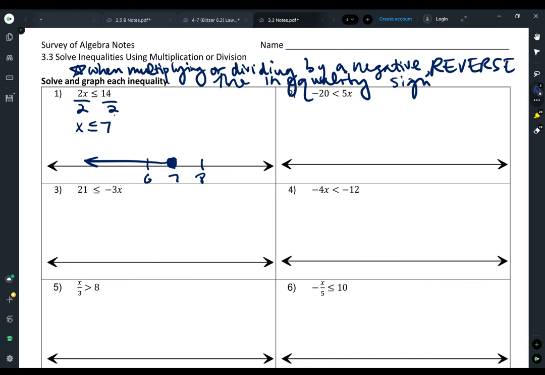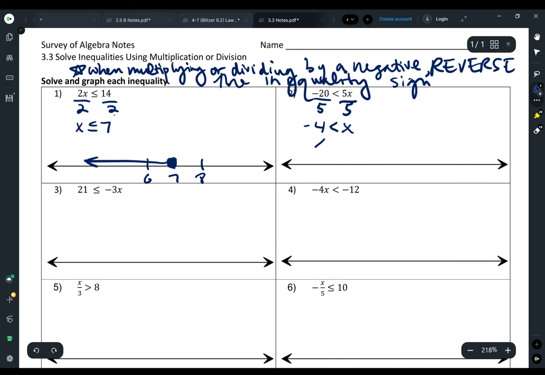So in the second one, I have a 5x. So if I have 5 times x, I need to divide both sides by 5. So -20 divided by 5 is a -4. Because I divided by a positive number, I'm going to leave this a less than sign and then bring down the x. Now my issue is that it's a lot harder to graph when x is on the right. We found that out yesterday.